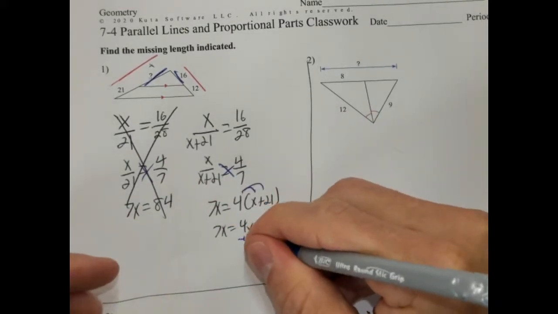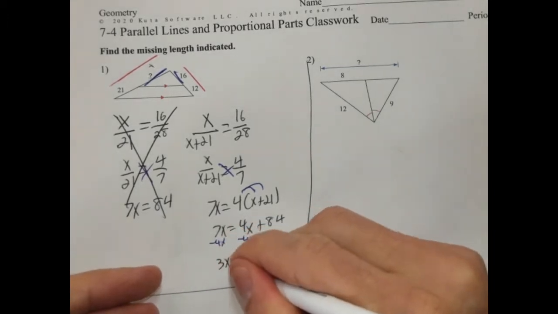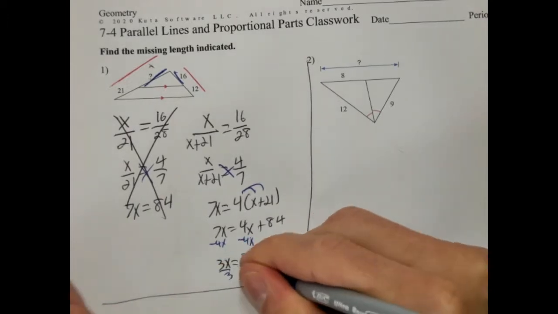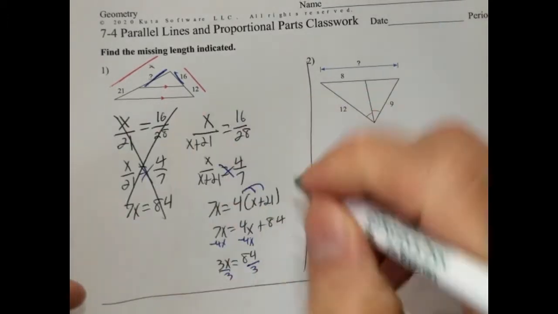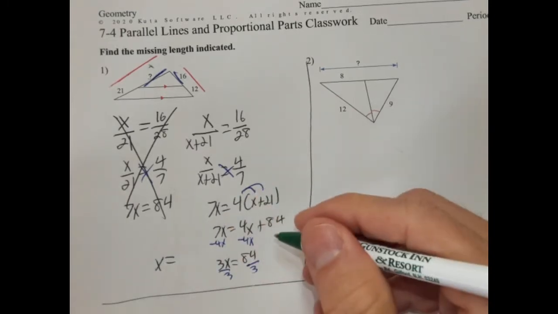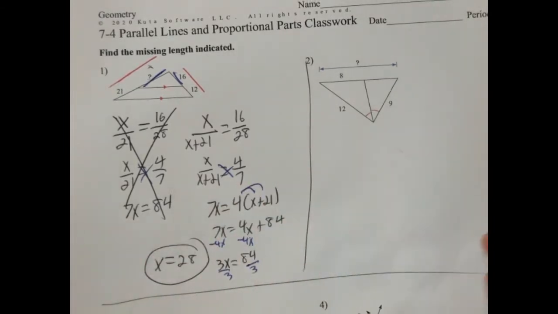Subtract 4x from both sides. 3x equals 84. Divide by 3. And x will equal, let's see, 28? Yeah, 28. There we go.